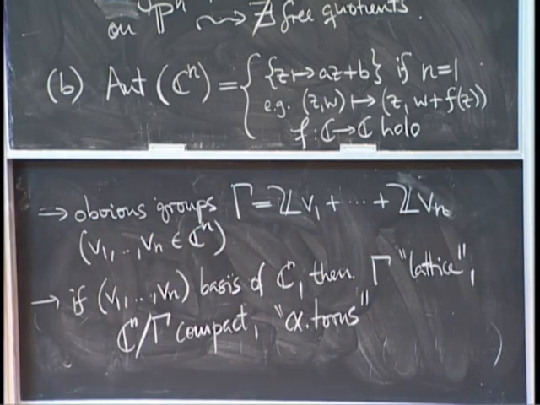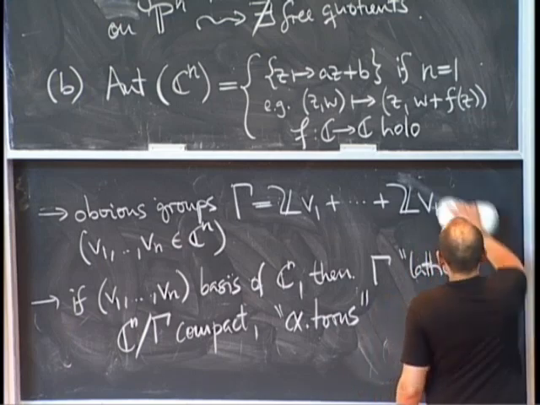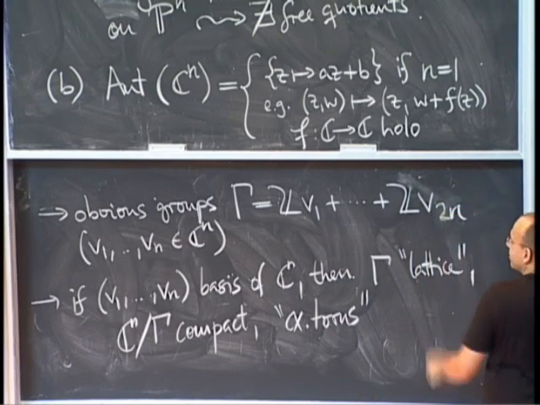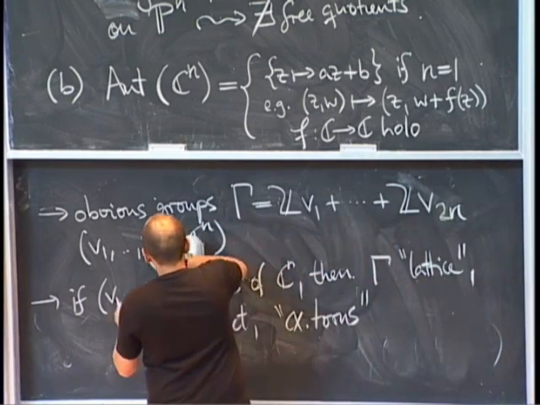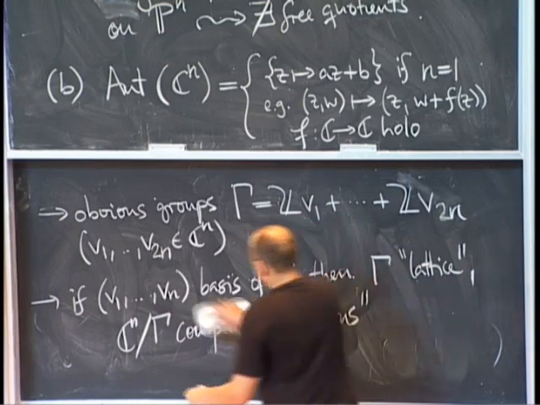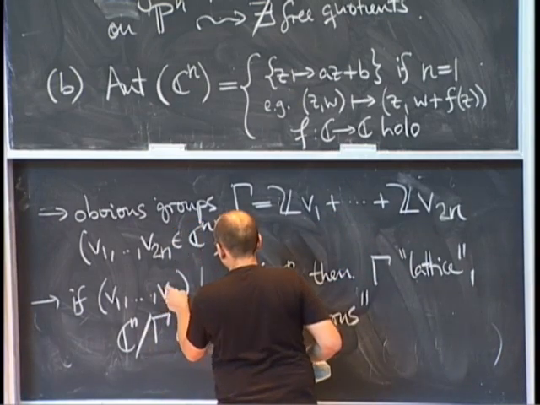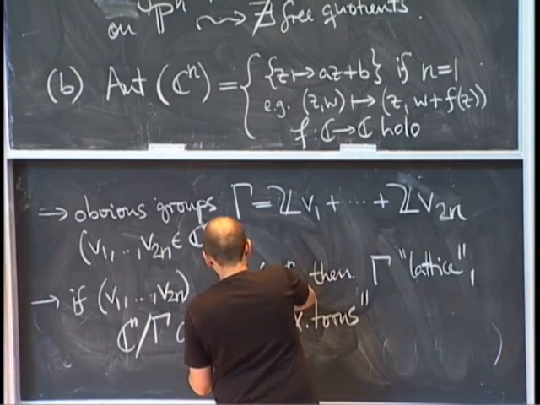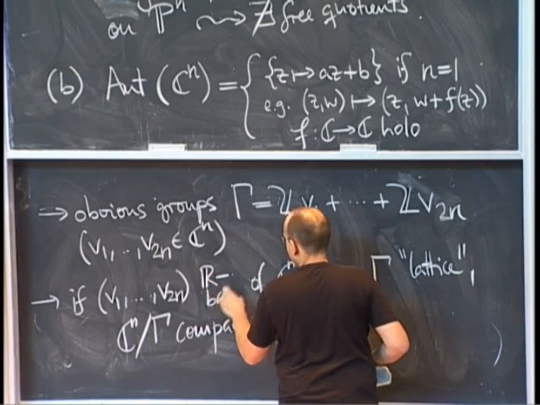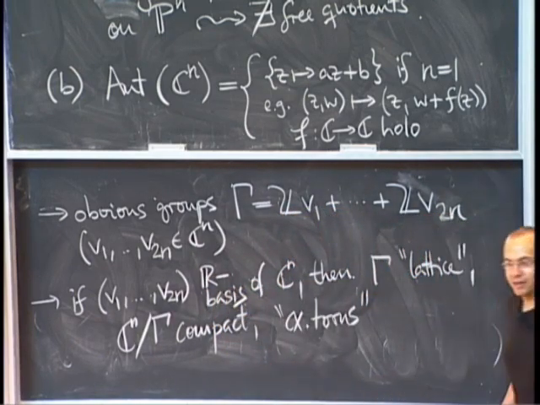I actually need a real basis for C^n, up to V2n. I'm sorry. Thanks. That's a very good point. Okay. Thanks. That's great.